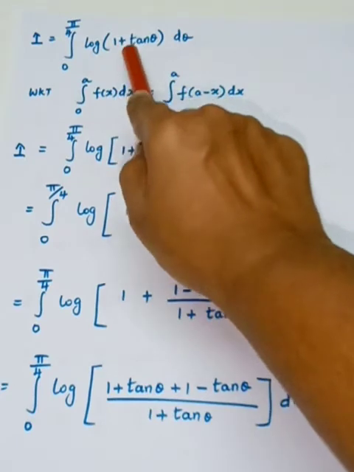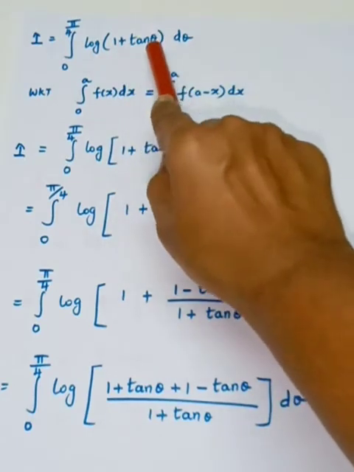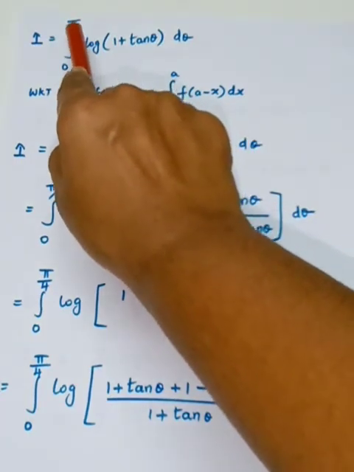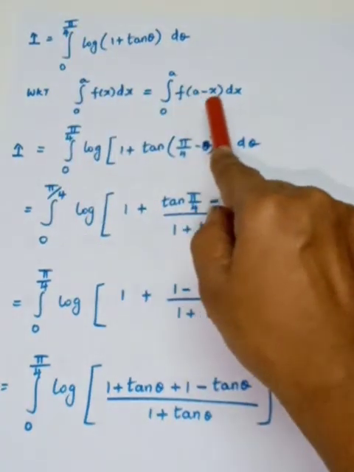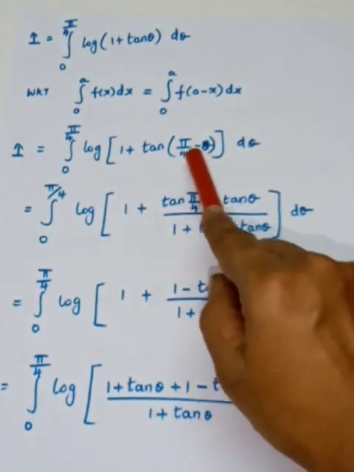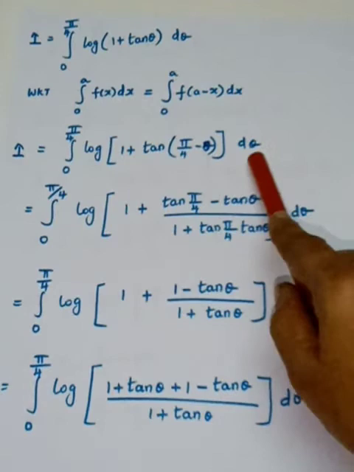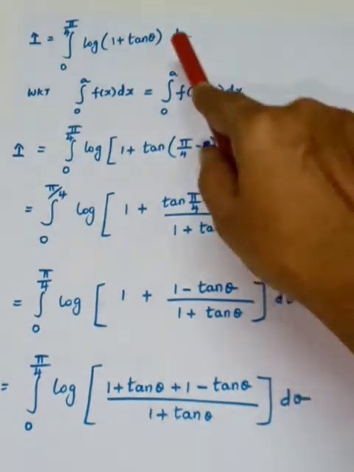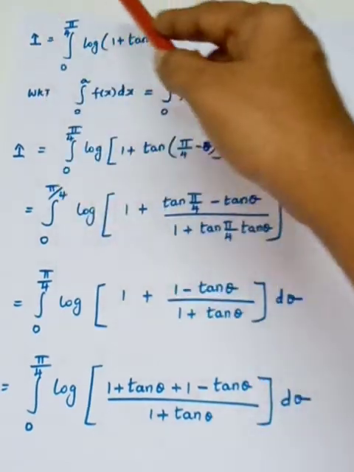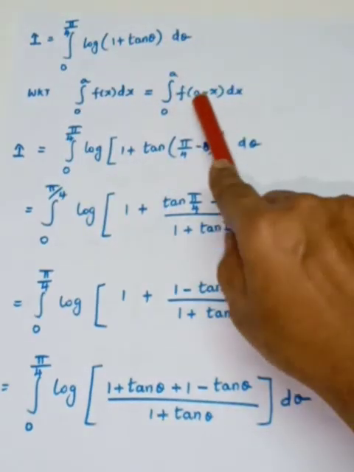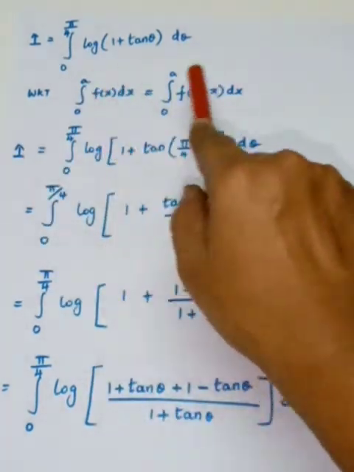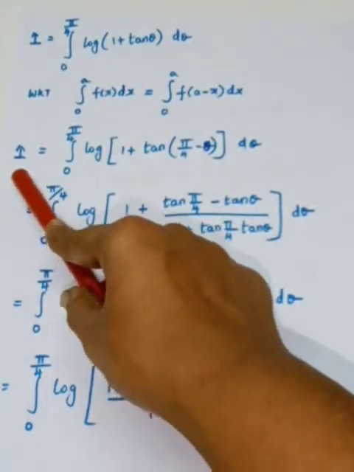So in this integral, in the place of theta, it is going to be replaced as a minus theta, that is pi by 4 minus theta. So here theta has to be written as pi by 4 minus theta into d theta. Okay, here I have written this integral. What is the value of this? I. So I have replaced theta by pi by 4 minus theta, that both the values are same. So this also I am going to call it as I.